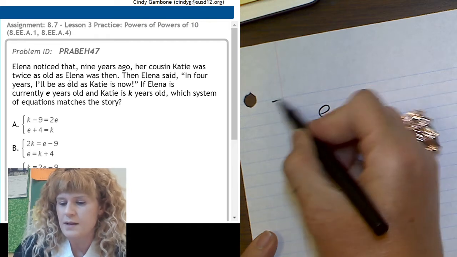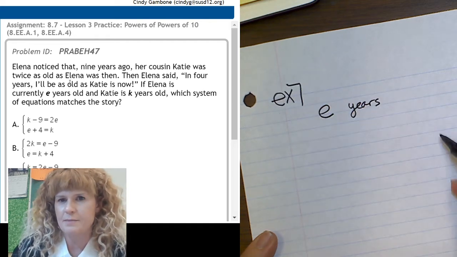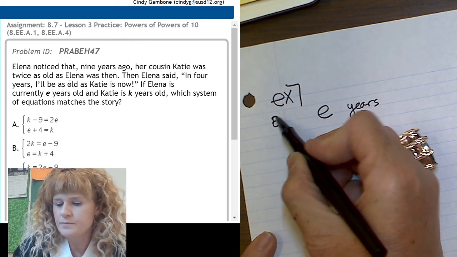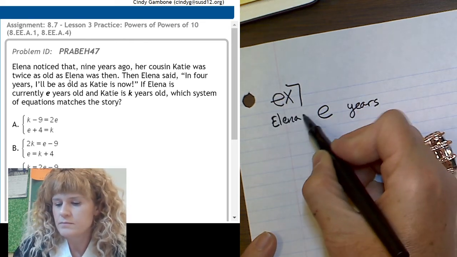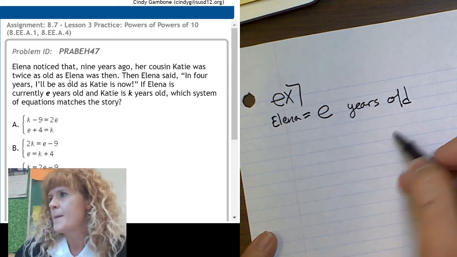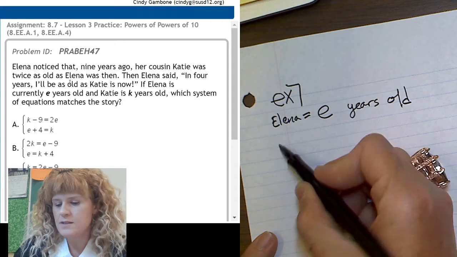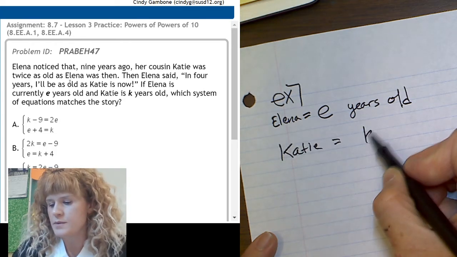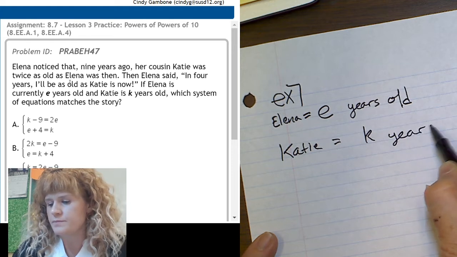Anytime you get something, write it down. Oops, this is my next example. Elena is E years old. And Katie is K years old.